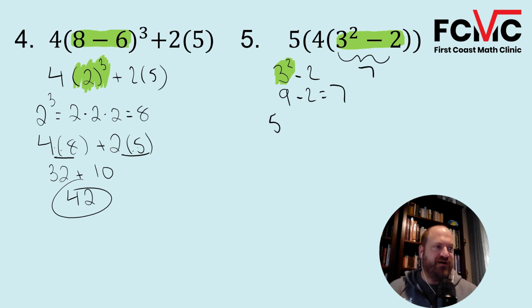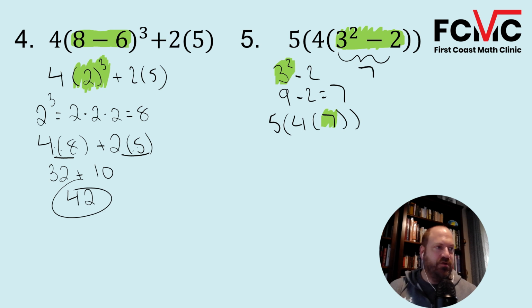So I can rewrite this as 5, then in parentheses means multiplication, times 4 times 7. Again, we replaced everything here with this 7.